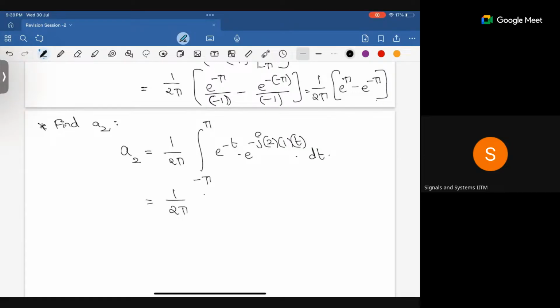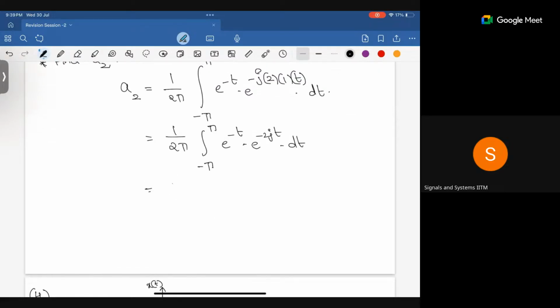So 1 by 2 pi, minus pi to pi, e power minus t into e power minus 2jt dt. So you can club this as e power minus of 1 plus 2j of t dt. And from here, I think you can solve. You know the e power a t integral expression, and from there I expect you to solve this.